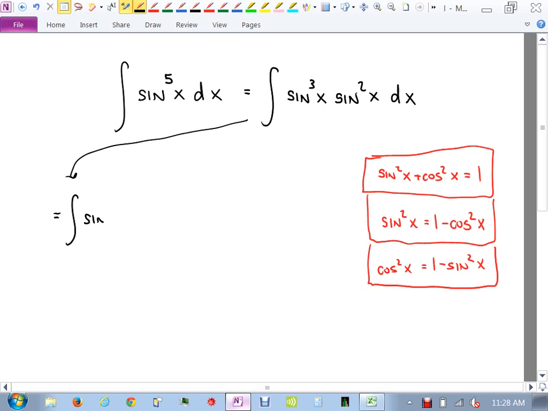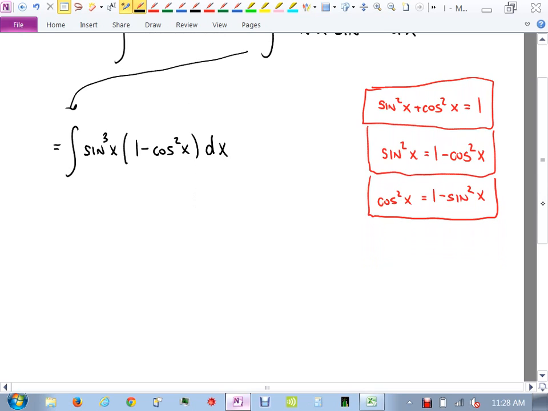You'll get your sine cubed still, x. Now I have a 1 minus cosine squared x dx. Let's see where we go here. This equals sine cubed x minus what?